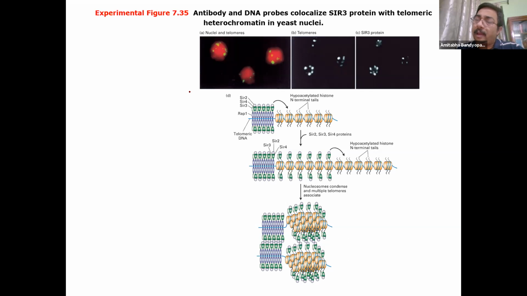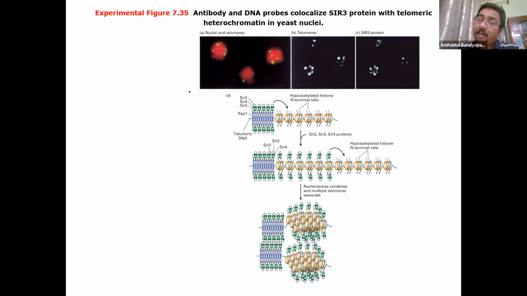If you remove the acetyl group from the lysine residue of the histone, then what happens is that the acetyl group has a negative charge, lysine is a positive charge. Now, DNA is a negatively charged molecule. So the acetylation neutralizes the positive charge of the lysine residue.